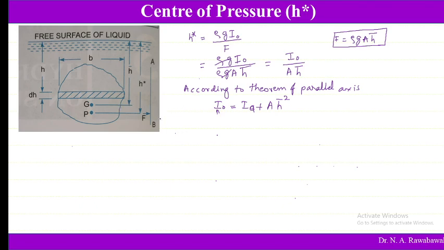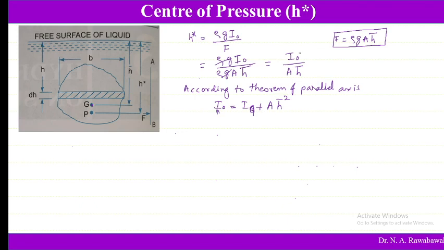So for example, if we want to find the moment of this complete area about the free surface, it is the moment of this area about its center of gravity plus the area into the distance of the center of gravity from the free surface square. So that gives us the moment of inertia about a free surface.